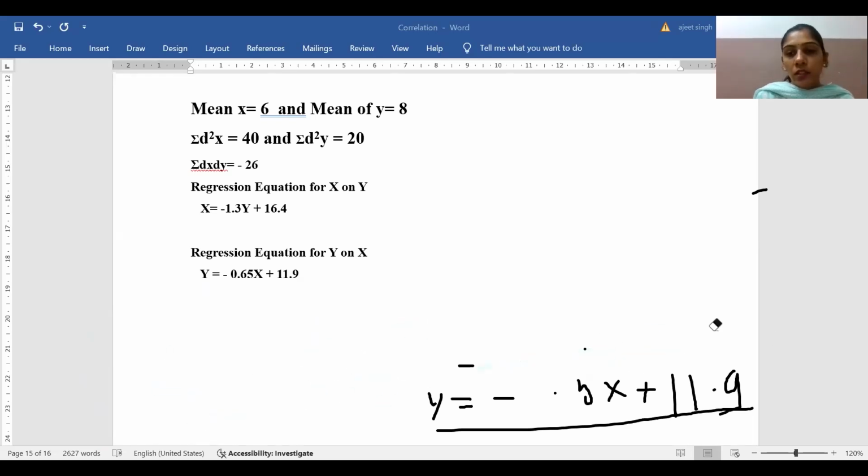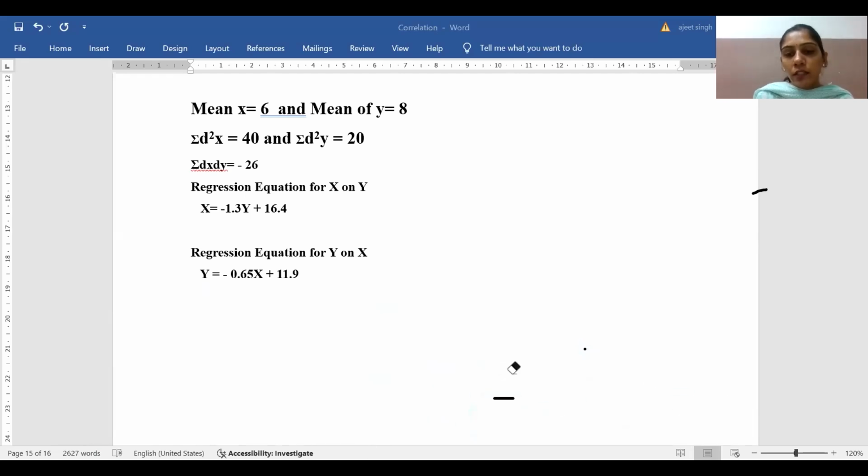Let me remove the other part also so that you can better understand. We can say regression line. Actually, we have to find out the regression line in this question. So this is a regression line, and also this is a regression line.